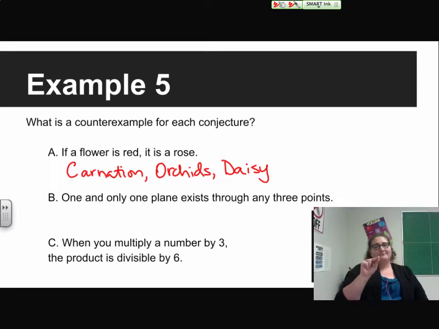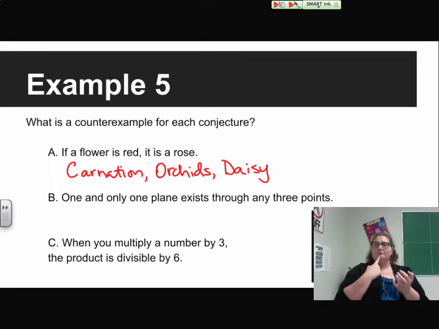B says one and only one plane exists through any 3 points. Well, if you remember from chapter 1, we talked about where the floor and the wall meet, there was a line, and as long as the points are collinear, they could have more than one plane going through them. They could actually have infinitely many planes going through them.